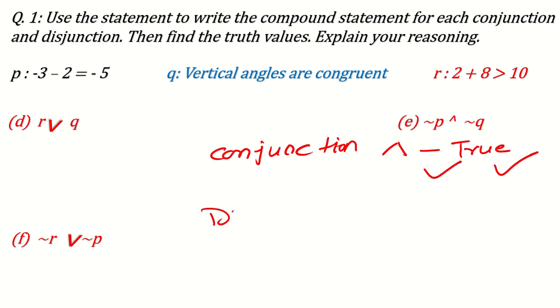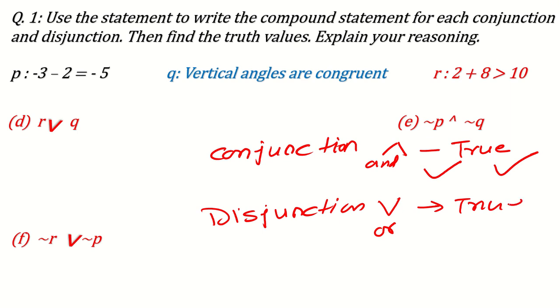Okay. And for the disjunction, we use this, it is called or, and that one was called and. Its truth value will be true when any one is true. Any one is true. Okay?